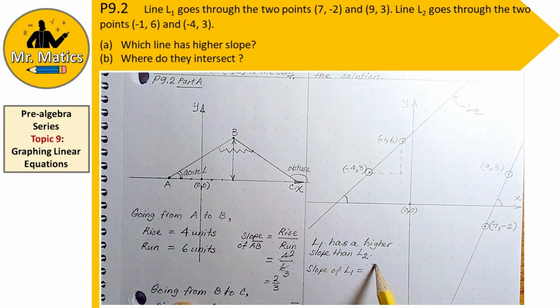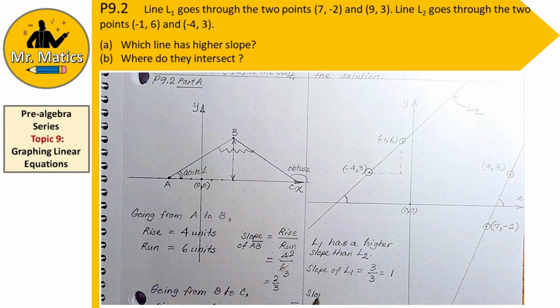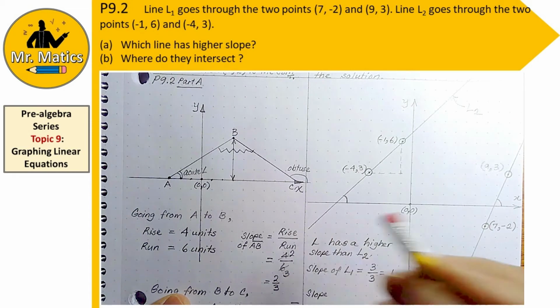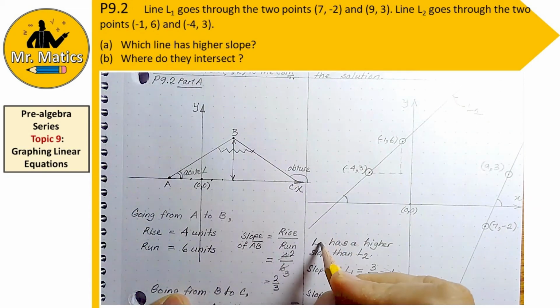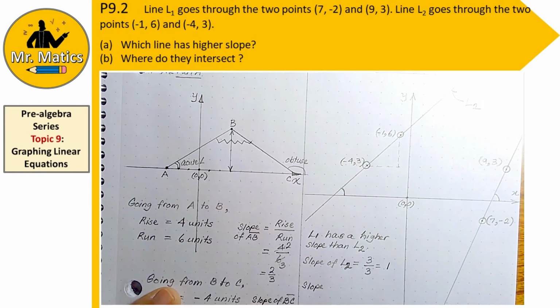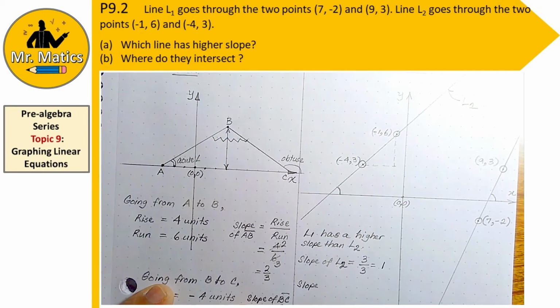So the rise is 3 units, and the run is also 3 units in the positive direction for each of them. So slope of line L2 is 1. I'm sorry, I should have written here line 2. I'm right, this is the slope of line 2 that I calculated right now. I'm sorry about that, so please correct it. It's the slope of line 2 that is just being calculated.